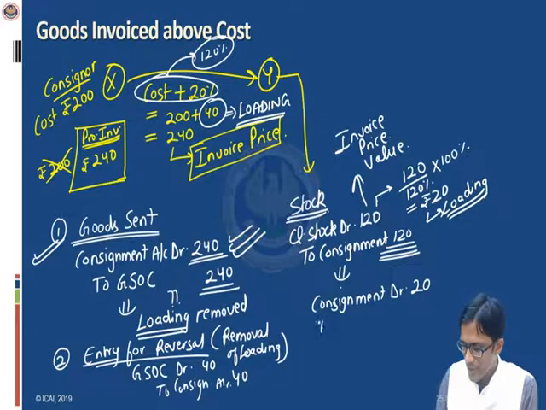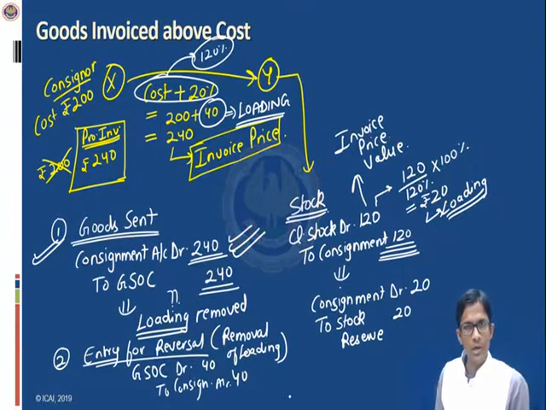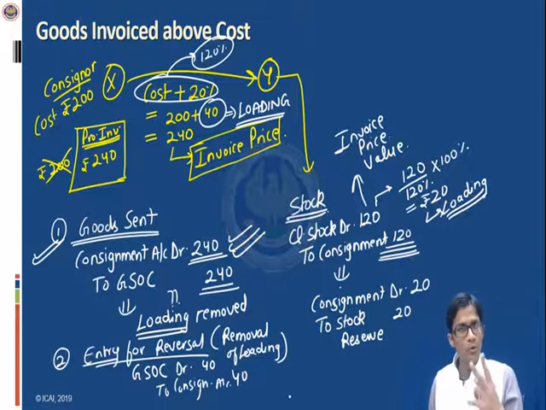And what will be credited? A separate account will be opened for it, which is called the stock reserve account. This stock reserve account will be credited by rupees 20. Is it okay? Have you understood this system? So I have told you two things.